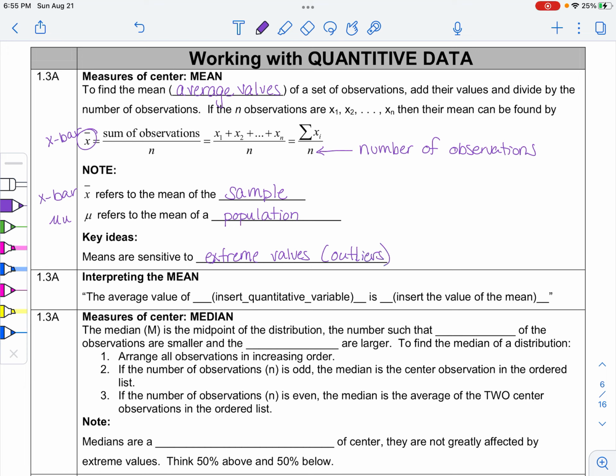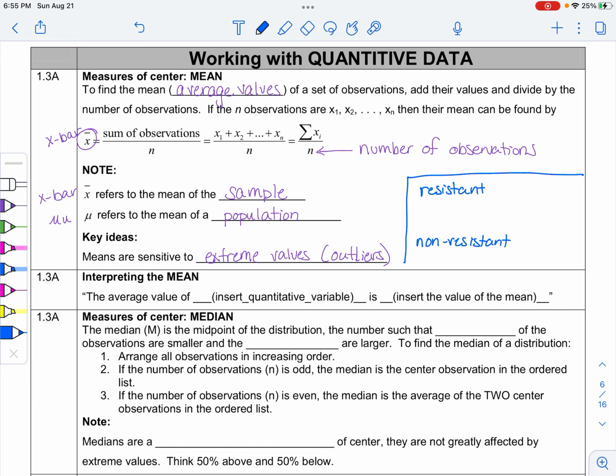Two words that I want to make sure that you understand are resistant versus non-resistant. Resistant data, or a resistant data point, is one that is not affected by extreme values. It is not changed.